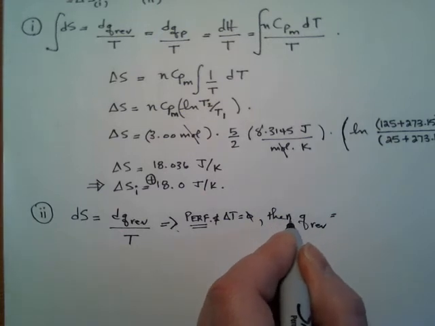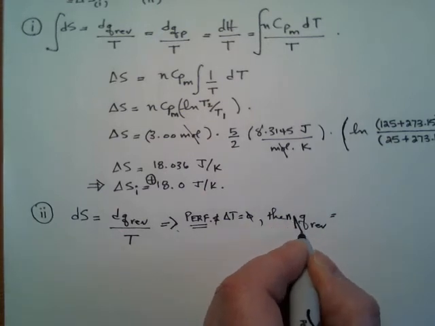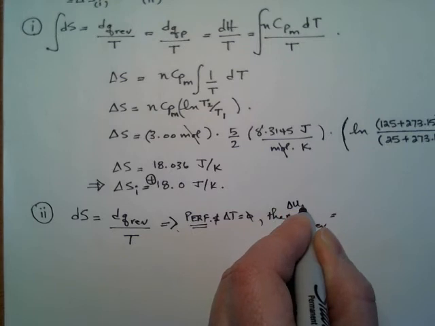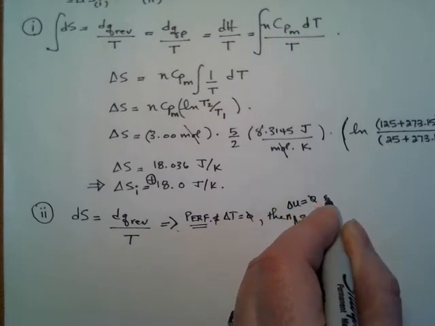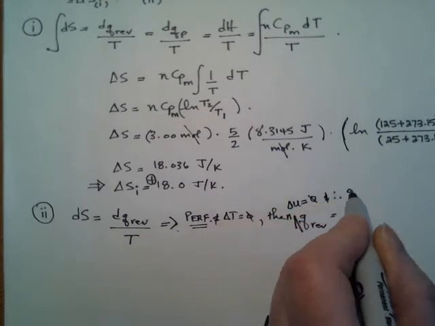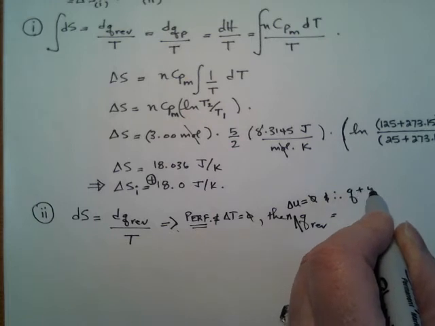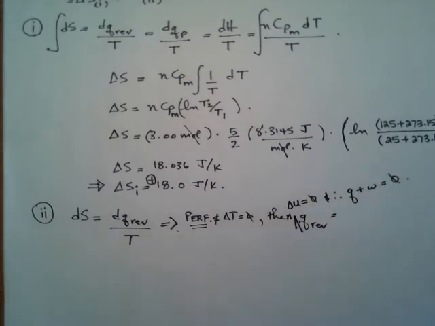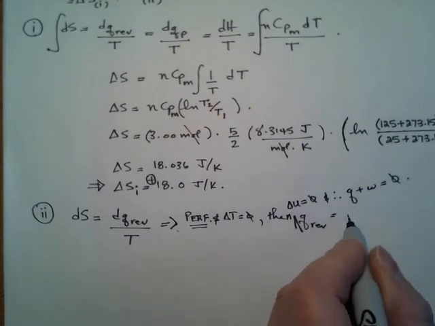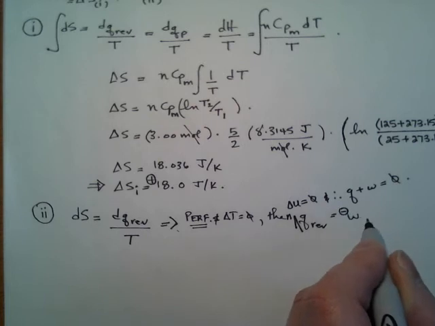So I should say, let's insert here, then delta U is equal to 0, and therefore Q plus W equals 0. That's where I'm going there. So then Q reversible is equal to my equal and opposite work reversible.